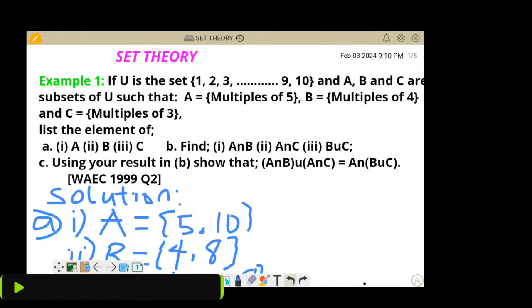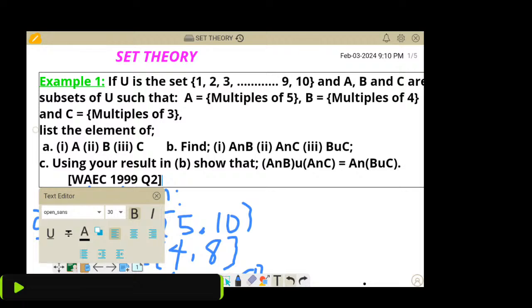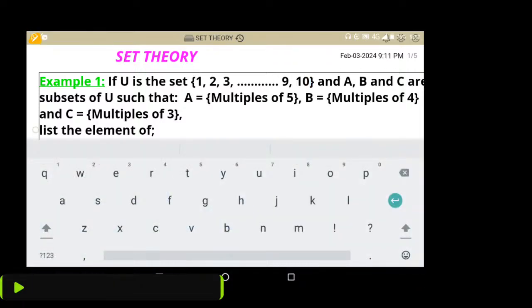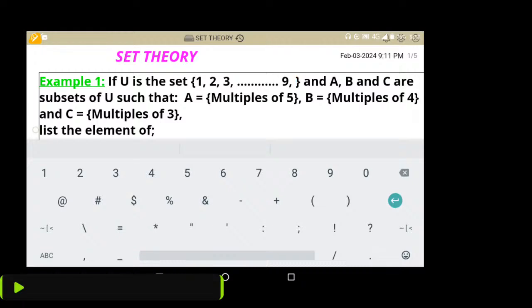Let me correct something in the question. Here we have 20, and here we have 19. Sorry for that.